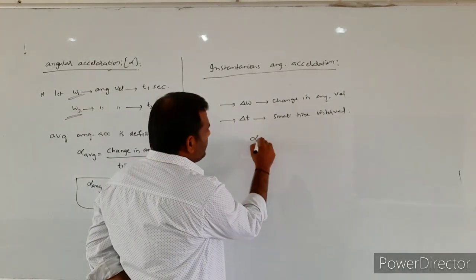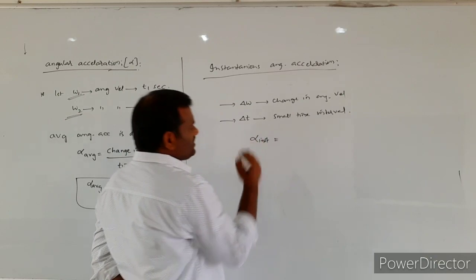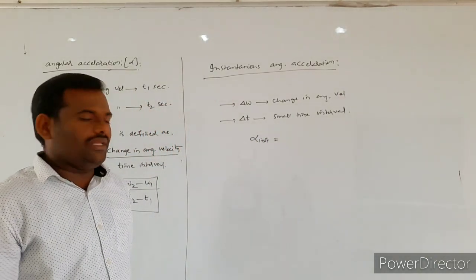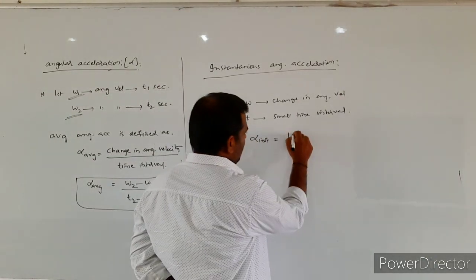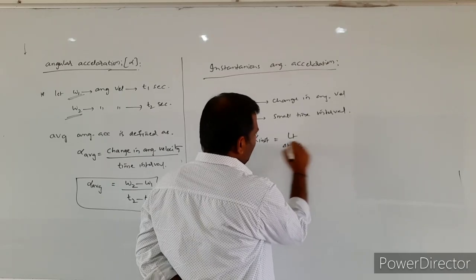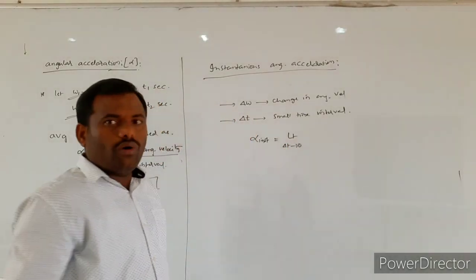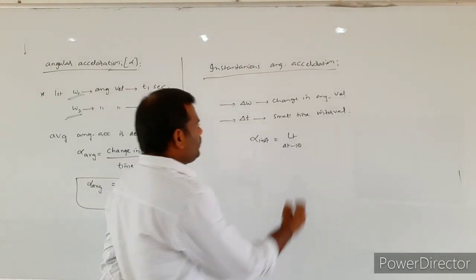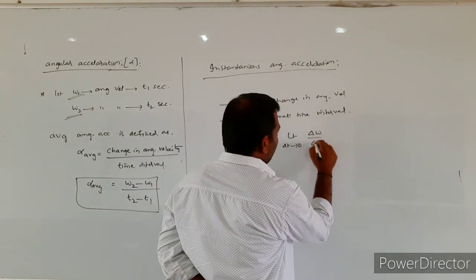Therefore, instantaneous angular acceleration is defined as limit delta t tends to 0, delta omega by delta t.